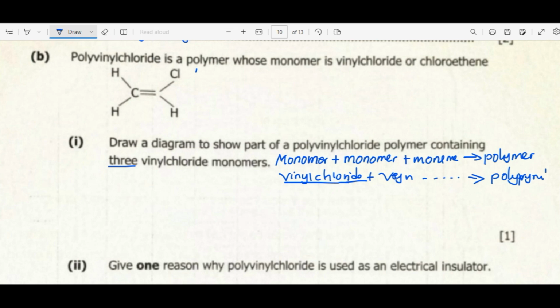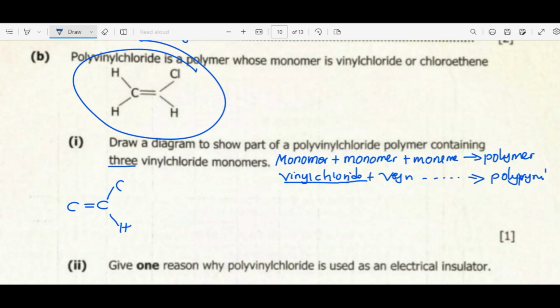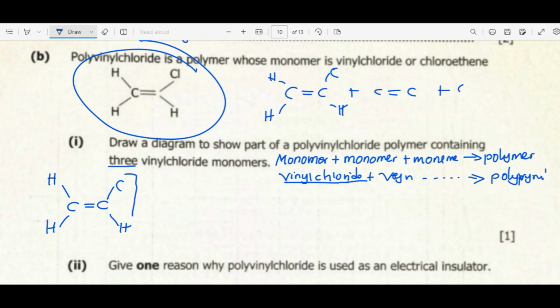Now for structure, I'm just going to take this. Now instead of writing like this, plus another one plus another one, I can just write 1, then enclose this one in parentheses, and I put n here.